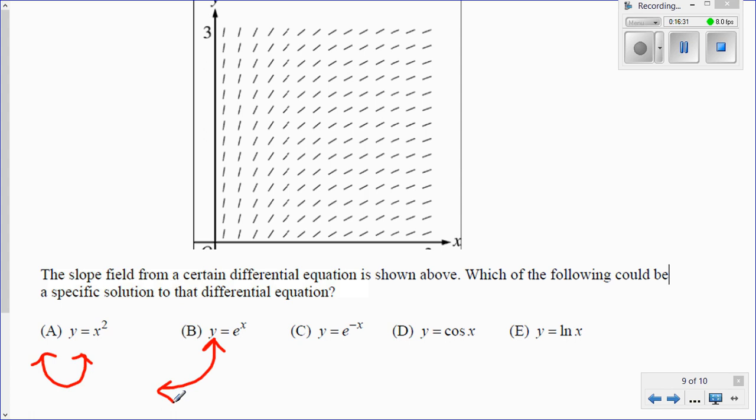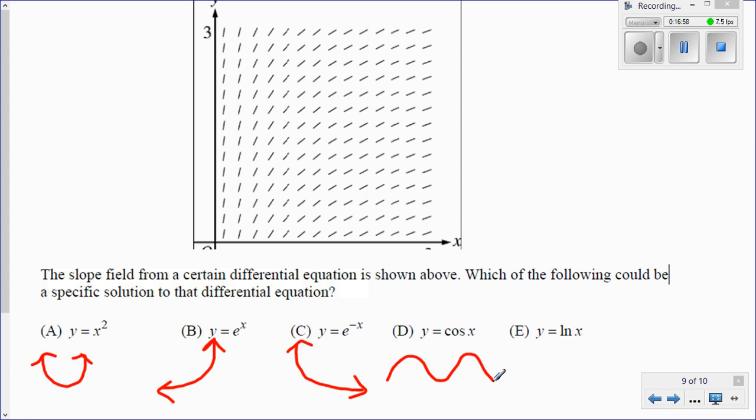Okay, y equals negative x. Well, that would be the graph of y equals x reflected over the y-axis. So the graph is just going to decrease instead of increase. But again, that's not the shape I'm seeing. Okay, cosine of x. Well, the graph of cosine is a wave. Definitely not seeing that graph.